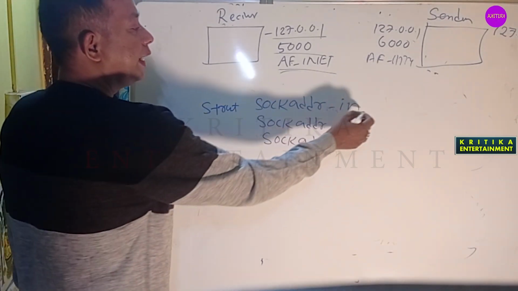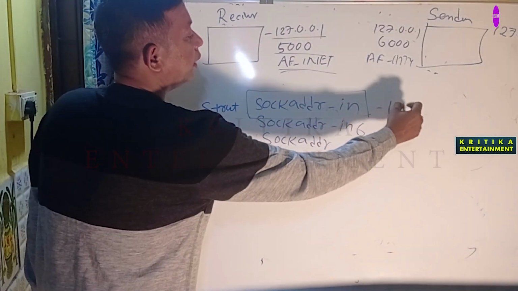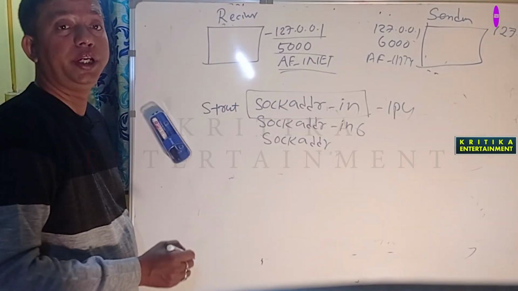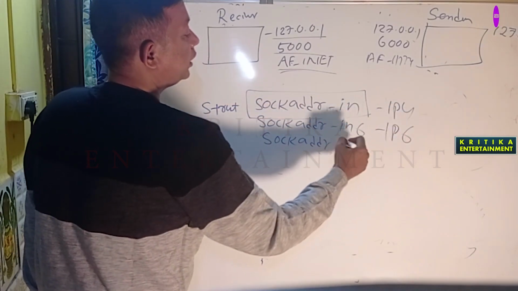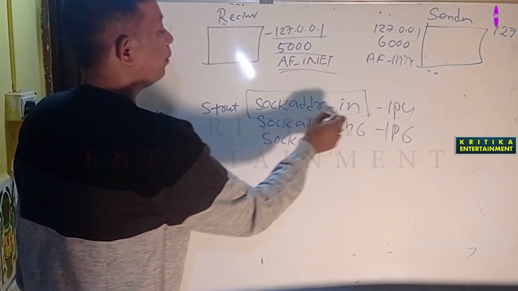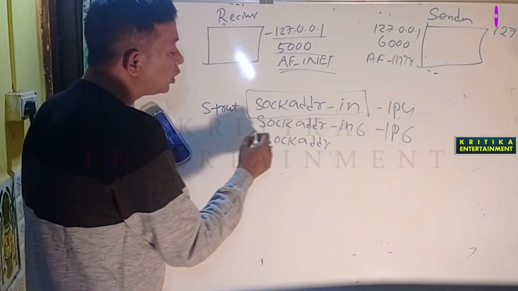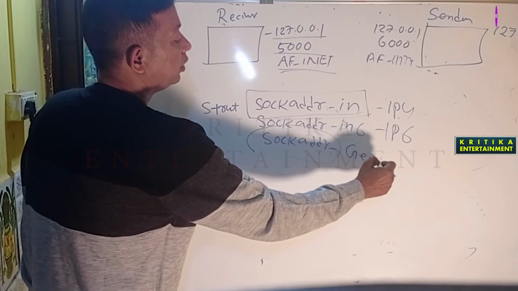Then IN, I have already told you, if you are using IPv4 then use sockaddr_in. If you are using IPv6 then use this IN6. My computer supports only IPv4, so I will use this. Then what is the sockaddr? It is called a generic structure.